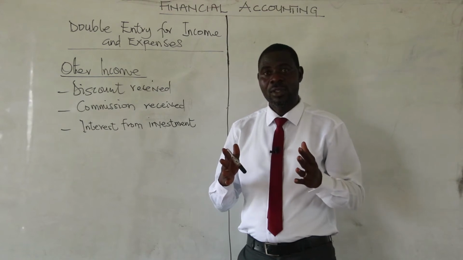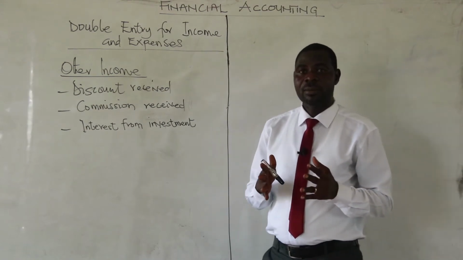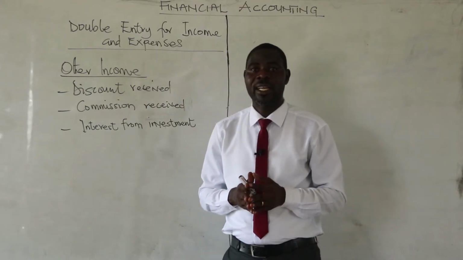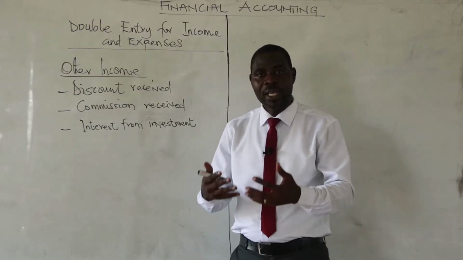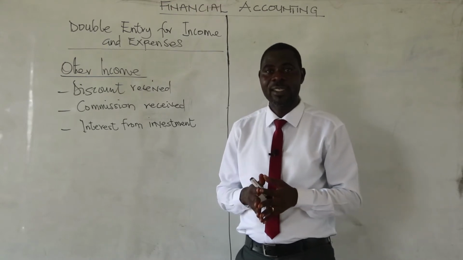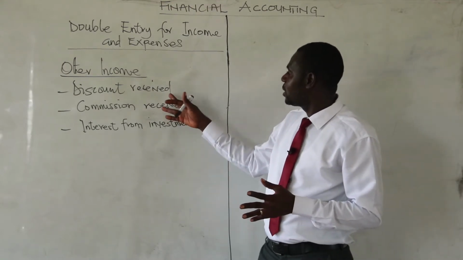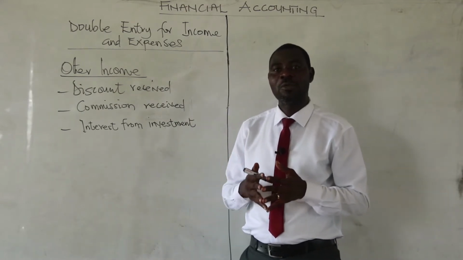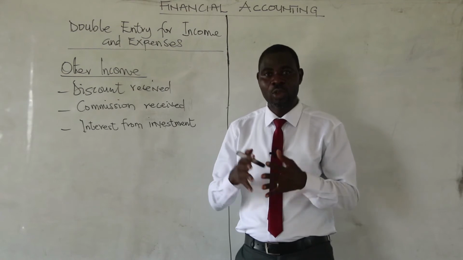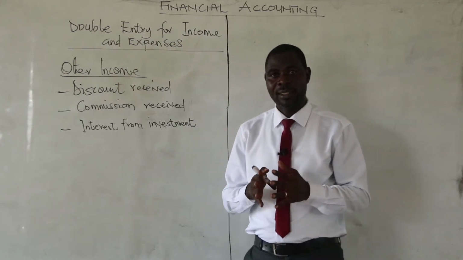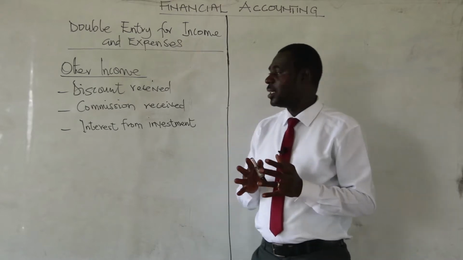This is where we receive some allowance from our supplier for paying our debt on time. This income is received to encourage or motivate us to pay our debt on time to our suppliers. So whenever we receive such income, it is other income.